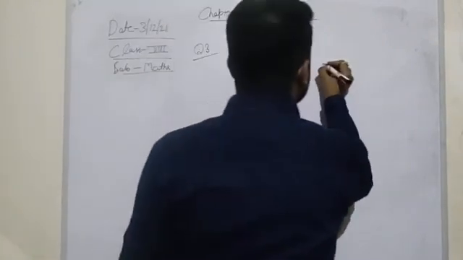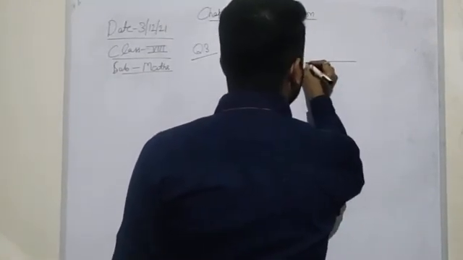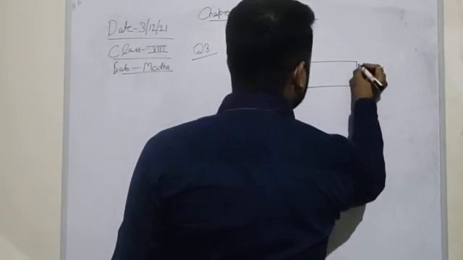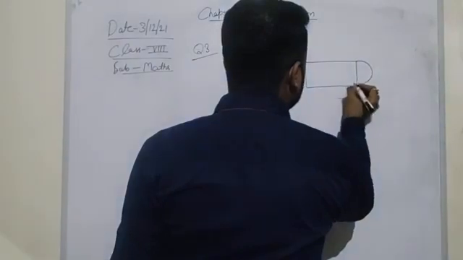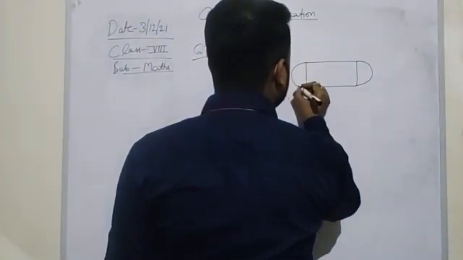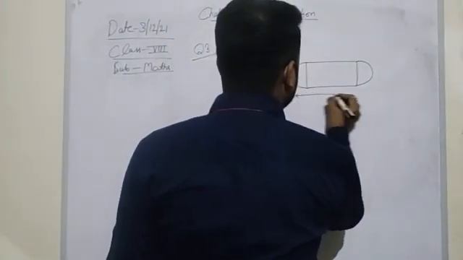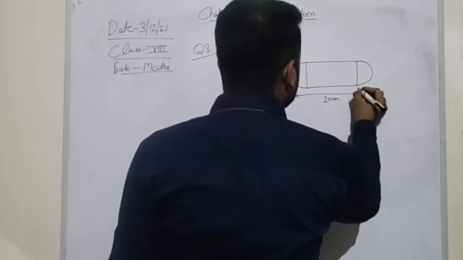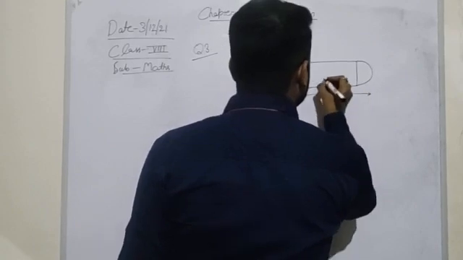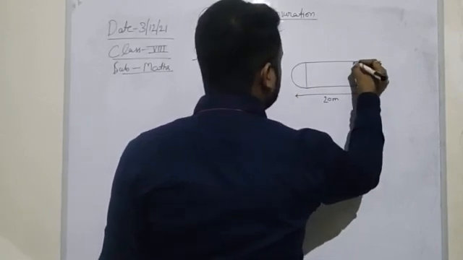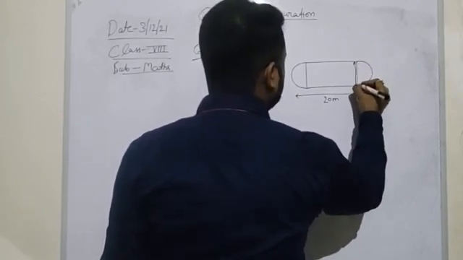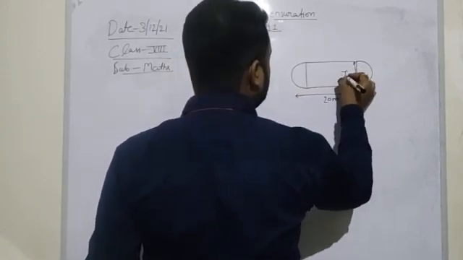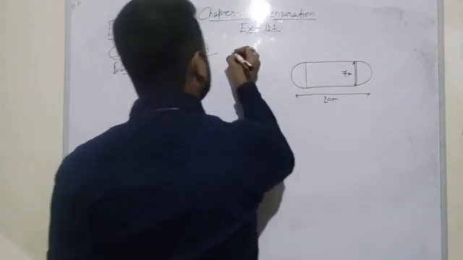Question number 3. The total length of this field is 20 meter, and the breadth of the rectangular part is 7 meter.